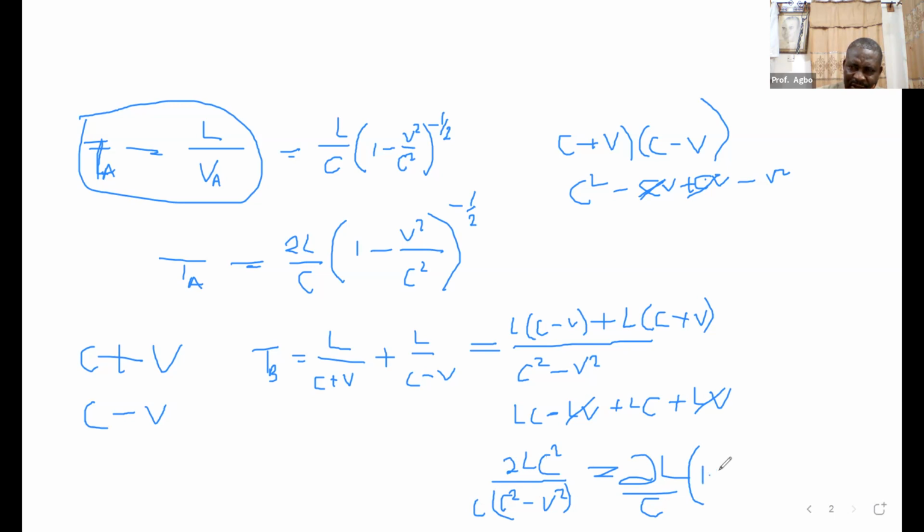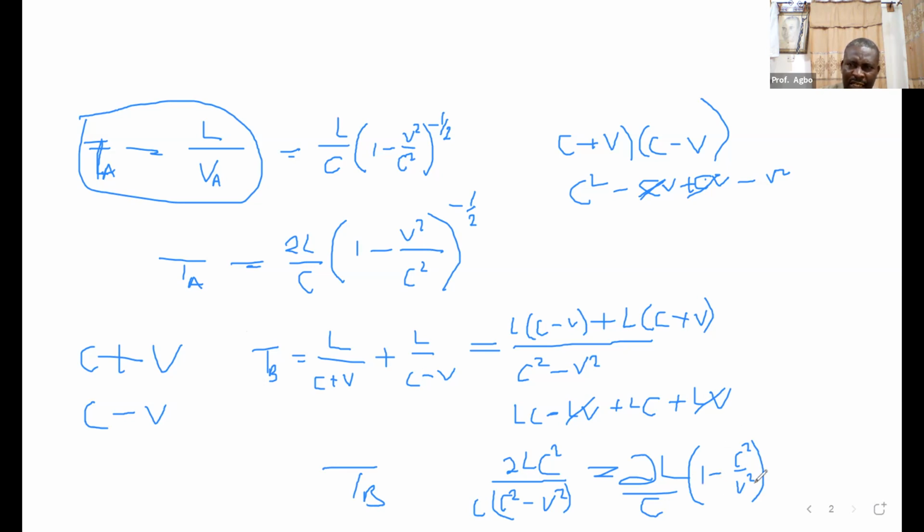1 minus C squared over V squared. But for us to have our related expression, this one is an inverse. If you take it as an inverse, then you get it. But if you don't want to, just leave it as it is. So the question now is comparing TA. This is our TB, and this is our TA.